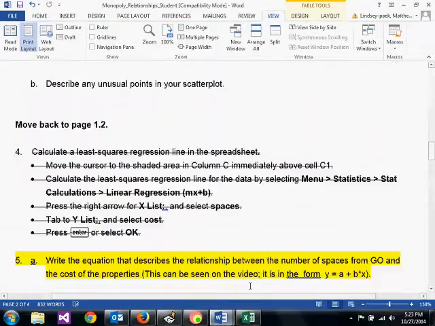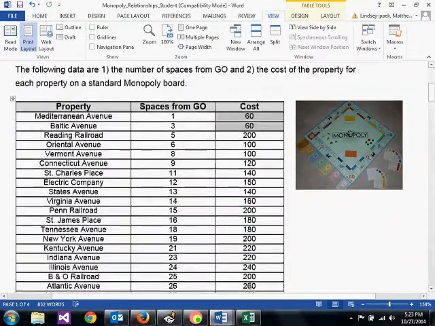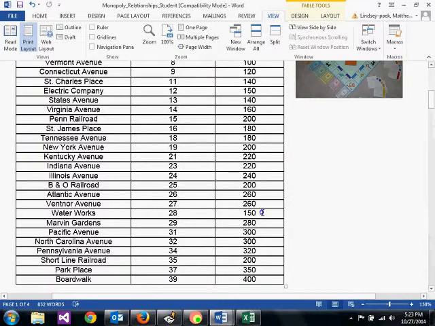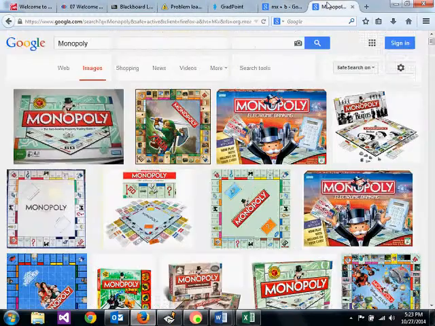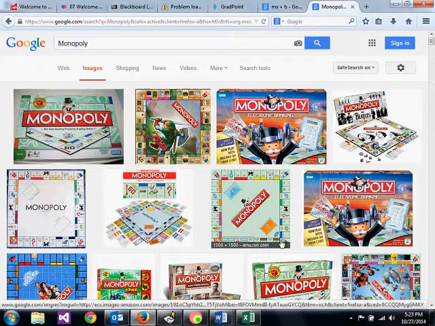Waterworks shows up at the 28th square away from the Monopoly board's Go. And so if I come here, you might see here that if I move 28 spaces, this might be Waterworks right here. So I imagine if we keep moving around, this is going to be 28 squares away from this Go. So we're wondering if we were to put a property here, how much it would cost.